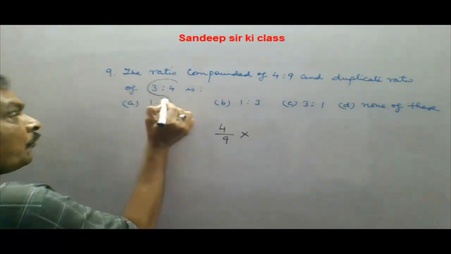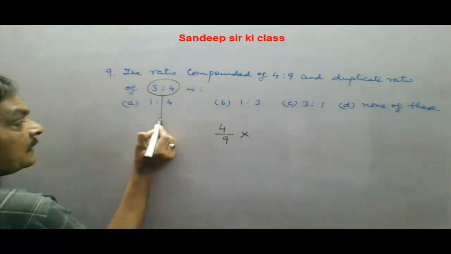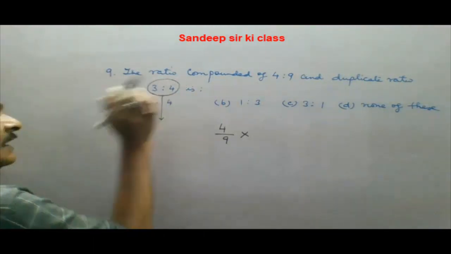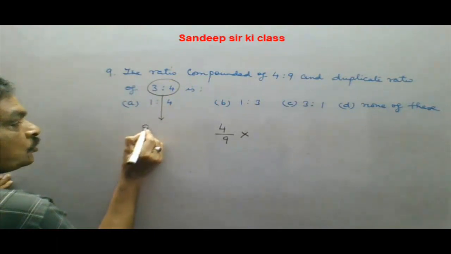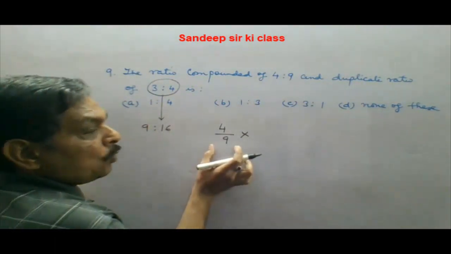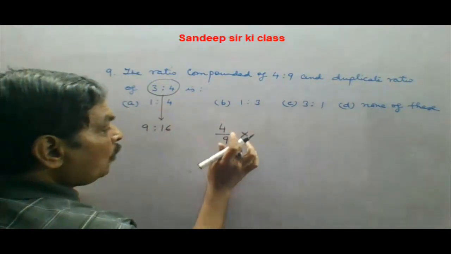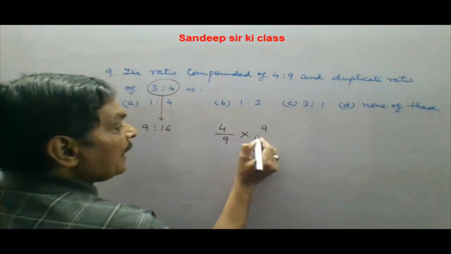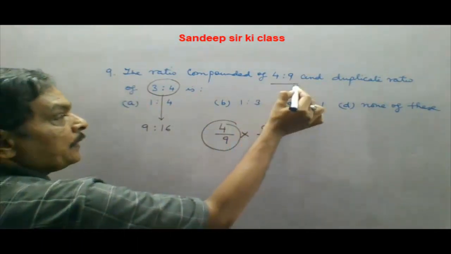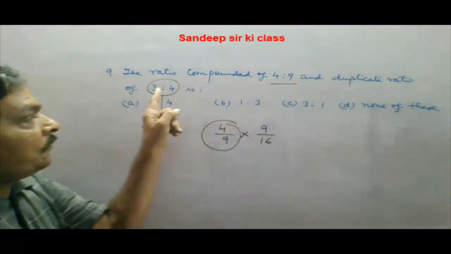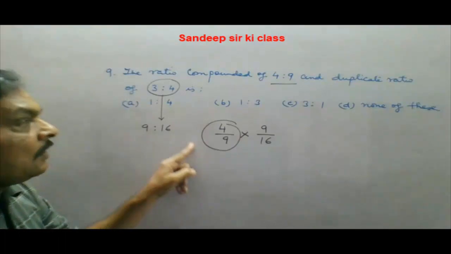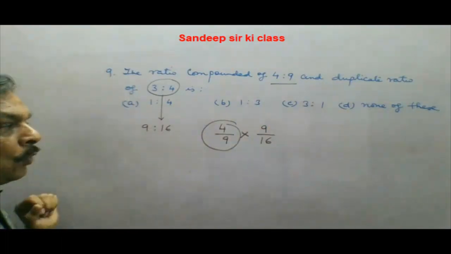Now the duplicate of 3:4 is when we square the first term, ratio, square of the second term. So the duplicate of 3:4 is 9:16. So the required compound ratio will be 4/9 into 9/16. This is the first ratio, 4:9, and the duplicate ratio of 3:4 is 9/16. So this is our compound ratio which is required.